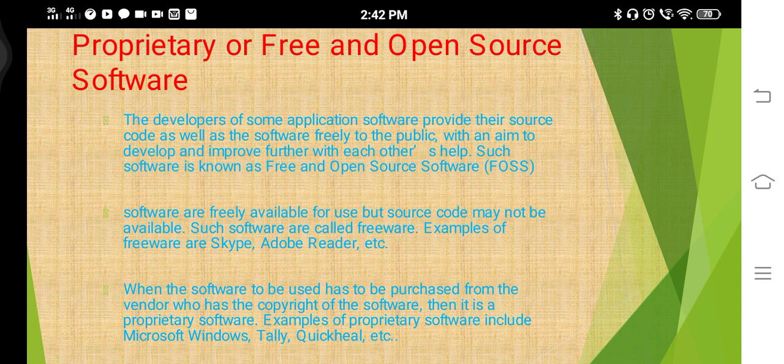If we want the source code, at that time open source software is used. If you want software that is only freely accessible, that is known as freeware. And proprietary means purchasing the software, like for antivirus in our system we use Quick Heal, which we have to buy, and that is known as proprietary software.